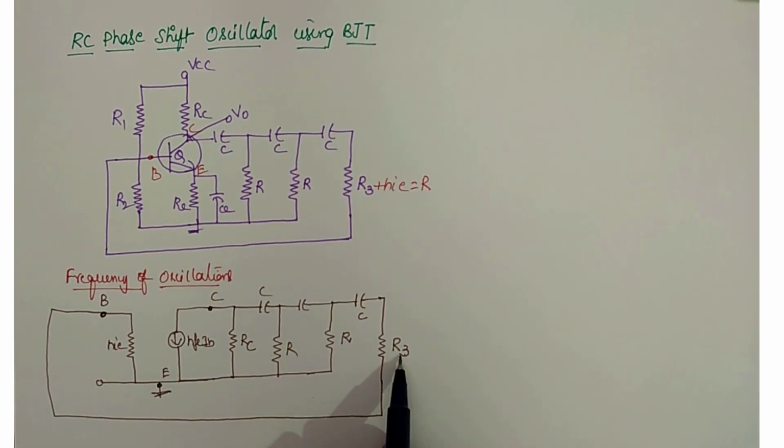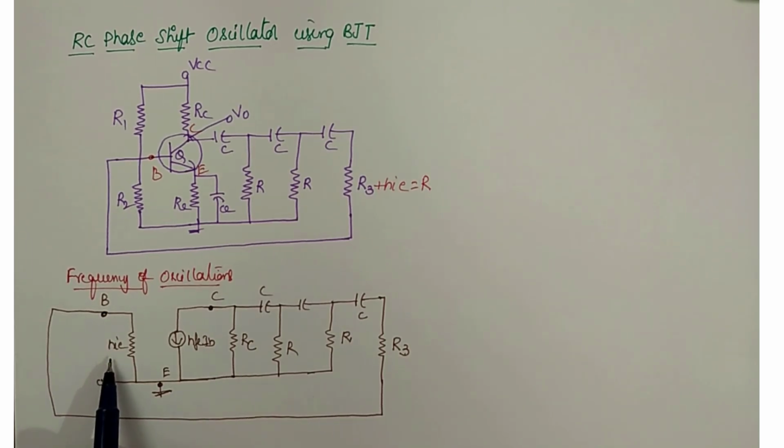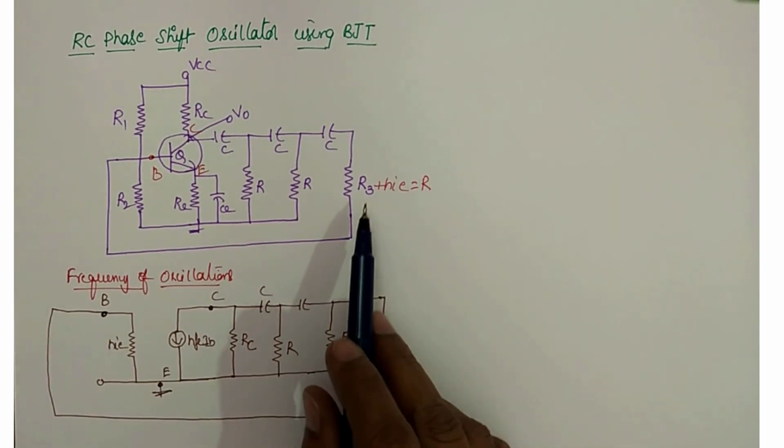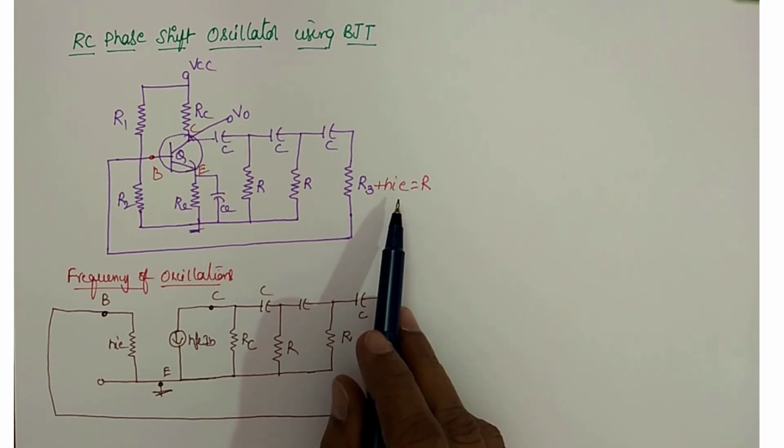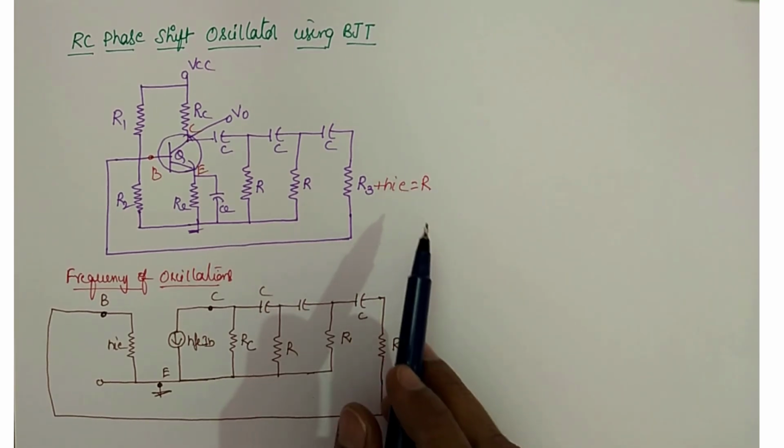Now if we see, R3 and HIE are in series. That is the reason I told that R3 plus HIE is nothing but R.